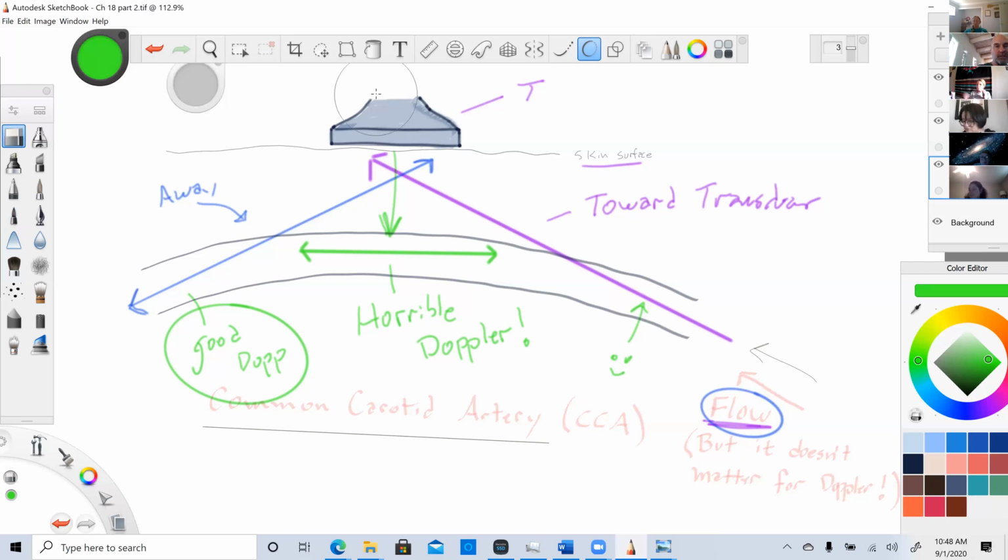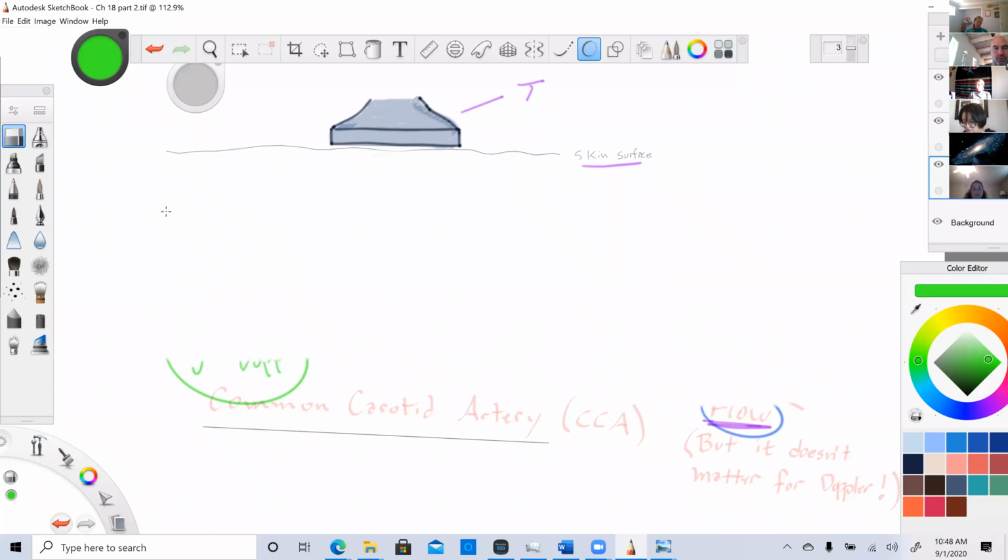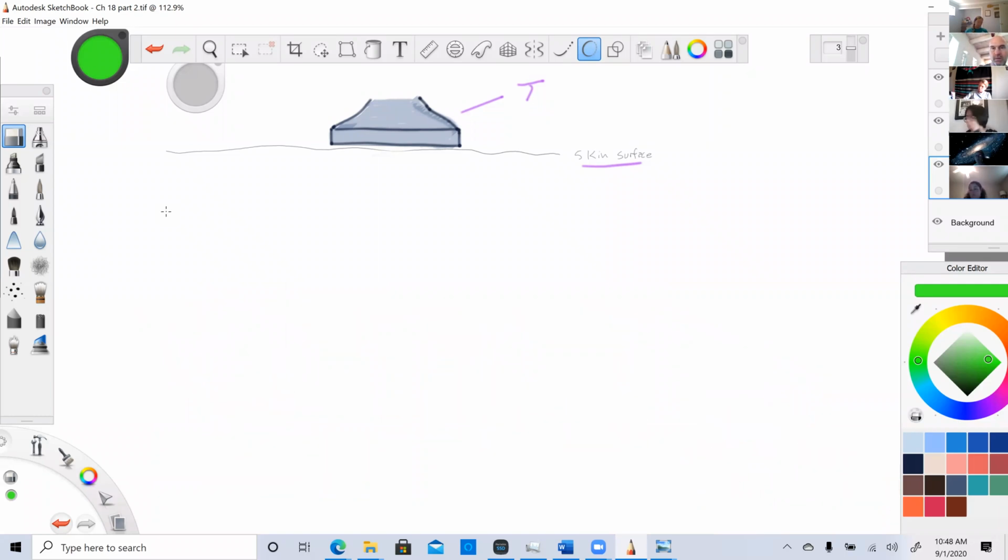So steering. All right, let's just quickly draw this back in. In fact, I'm not even going to draw a curved vessel.